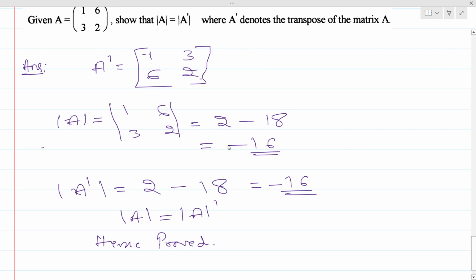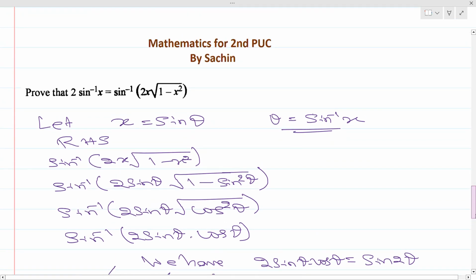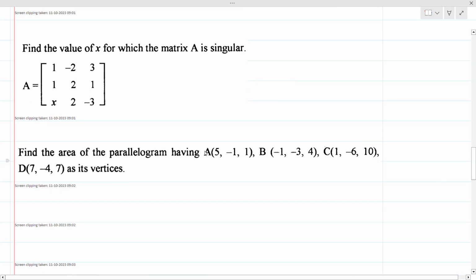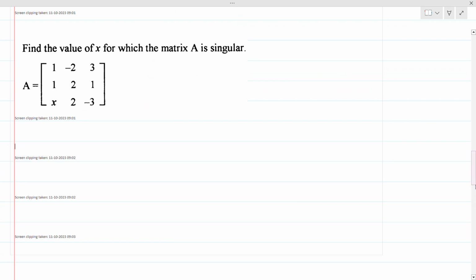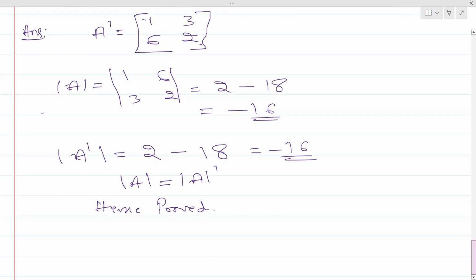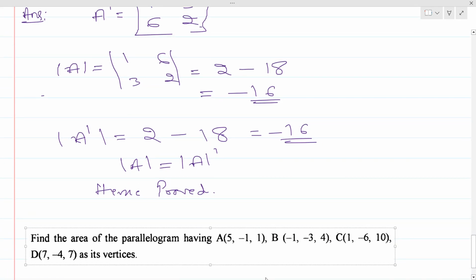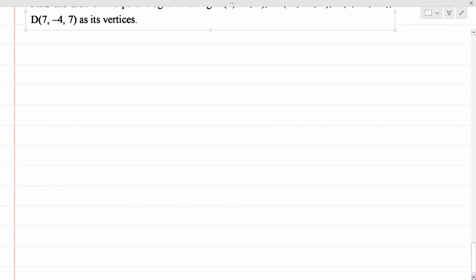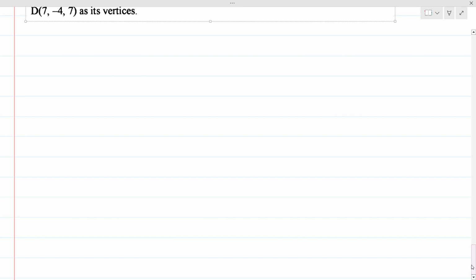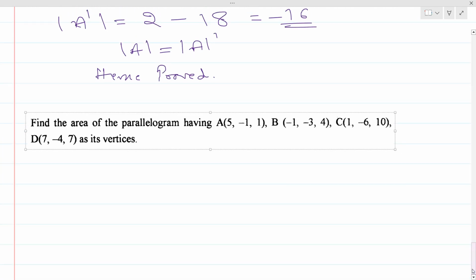Let me take the next question. I have this question from vectors. The four coordinates of a vector are given, so we have to find the area of this parallelogram.